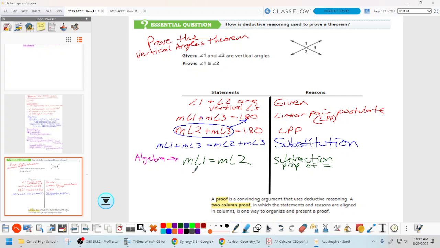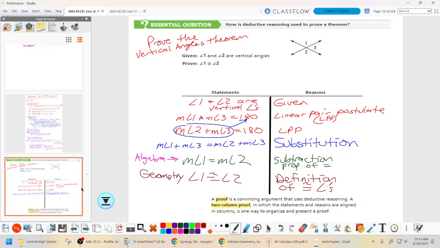Here's how. We just write angle 1 is congruent to angle 2. We know that's true. But why is it true? The definition of congruent angles is why. Again, abbreviate. So we switched back over to geometry to finish.